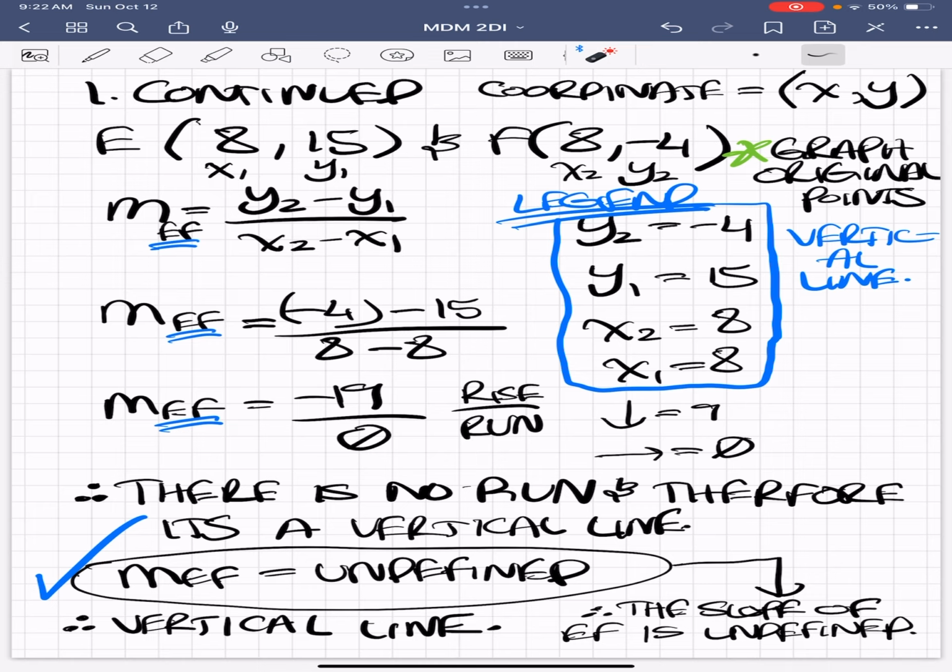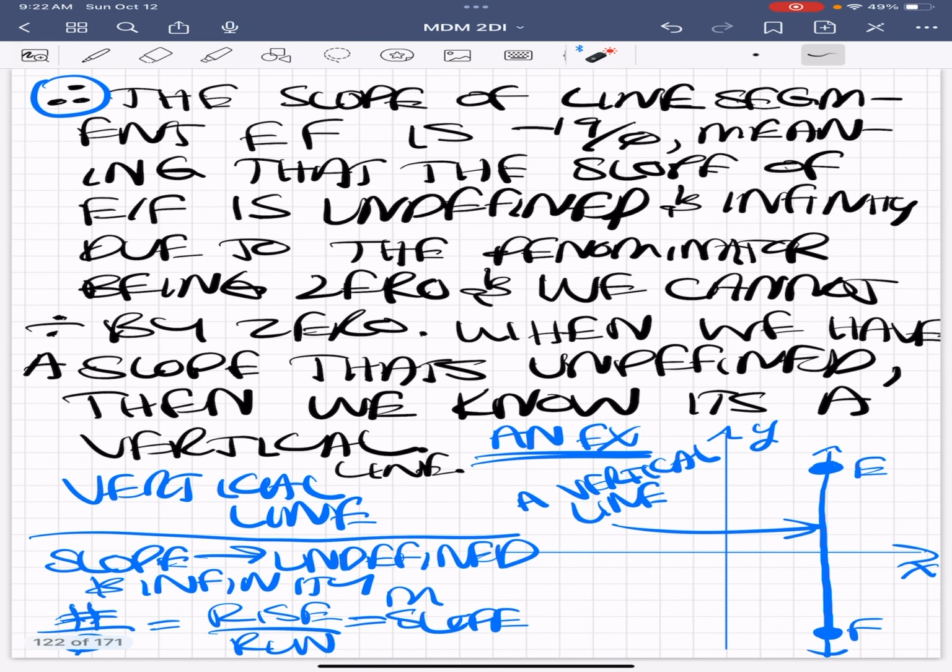There is no run, and therefore it is a vertical line. So the slope of E and F is undefined because there's division by 0. And we can't technically divide by 0, so it results in it being undefined, and it ends up being a vertical line.